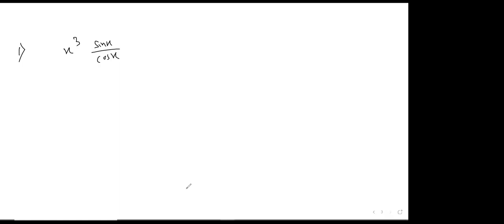Done, sir. All right. What is the answer? x cube into cos x by minus sin x plus sin x by cos x into 3x square.